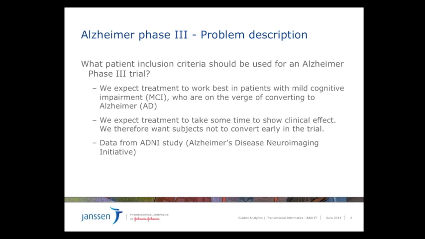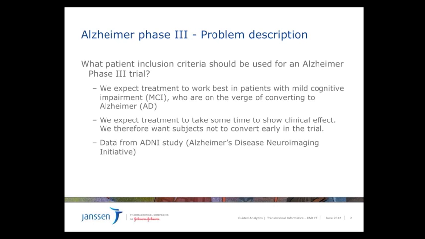complaints. So the question there is, can we identify patients or inclusion-exclusion criteria for a clinical trial where we select patients with what is called mild cognitive impairment? But we would like to have patients that are already pretty advanced, so on the verge of being diagnosed with Alzheimer's disease, or what is called conversion to Alzheimer's disease.